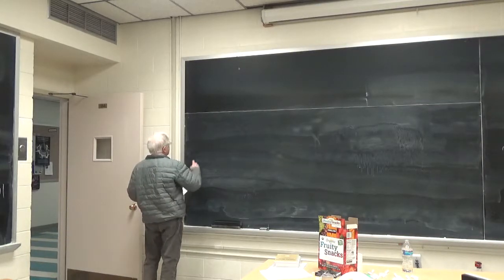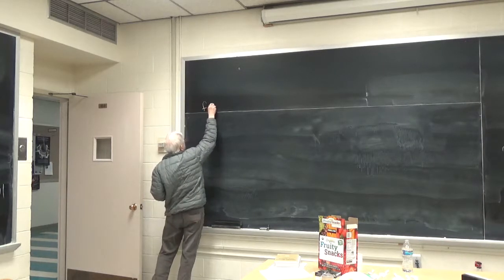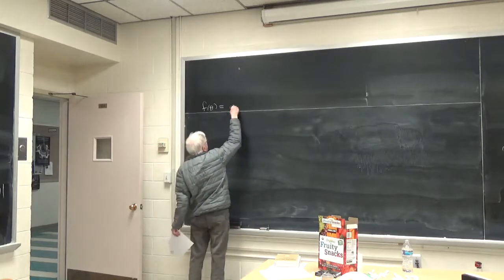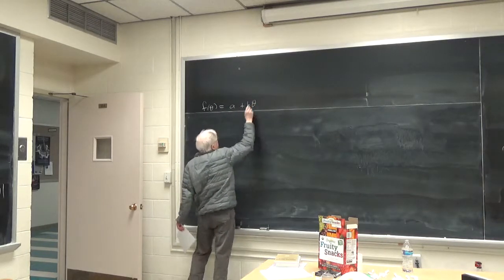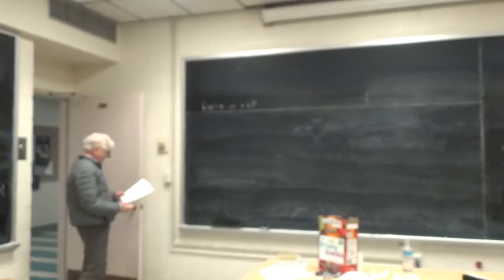The basic idea is that if you have a single Grassmann variable, the most general function is a plus b theta, where a and b are complex numbers.